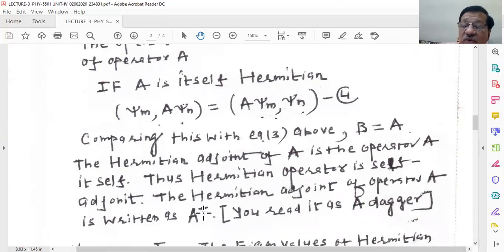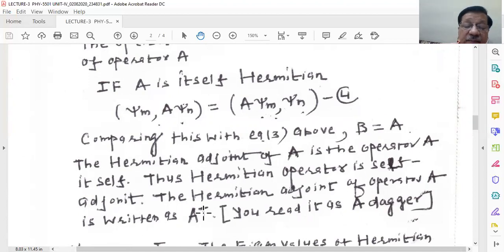So A dagger in quantum mechanics represents the Hermitian adjoint of an operator A. And when it is self-adjoint, you can write A dagger is equal to A. Please remember that the Hermitian adjoint of a Hermitian operator A is the operator itself.